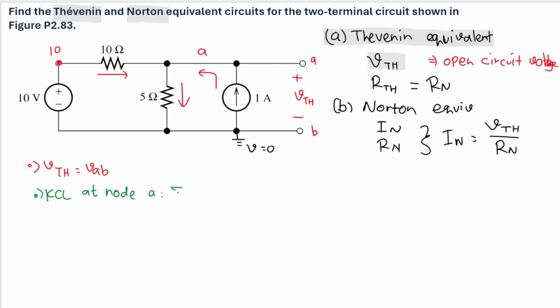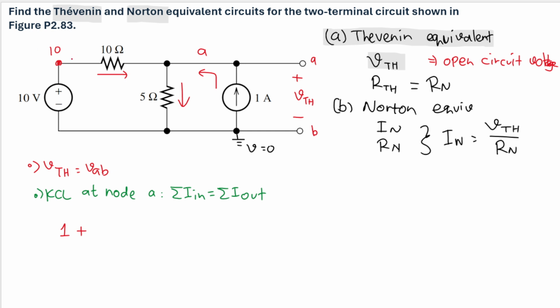Okay, KCL said that the sum of the current that goes in will equal to the sum of the current that goes out. Good. And the easiest one, here we have this current goes into node A, which is 1 ampere. So I'll have 1 ampere there. And then this current here is also going in, but we have to do some calculation here.